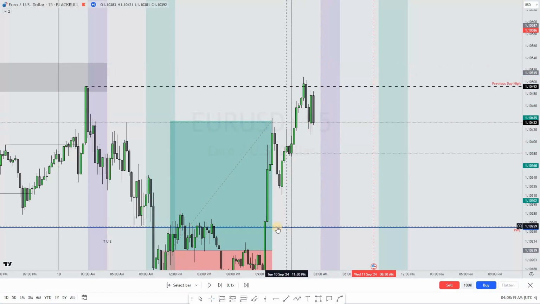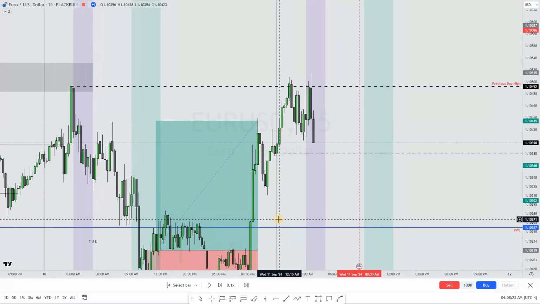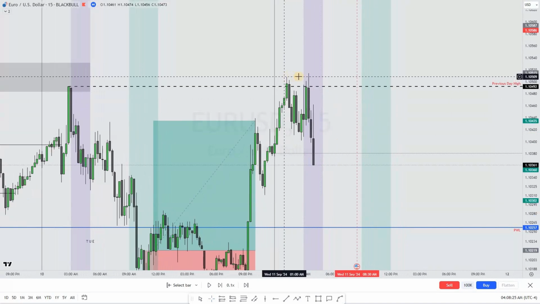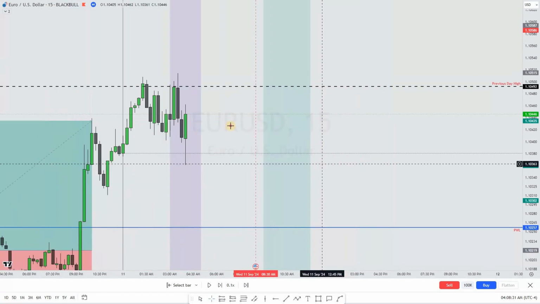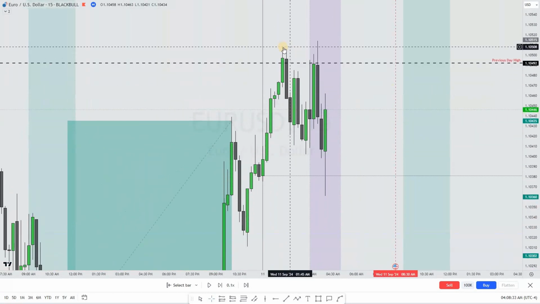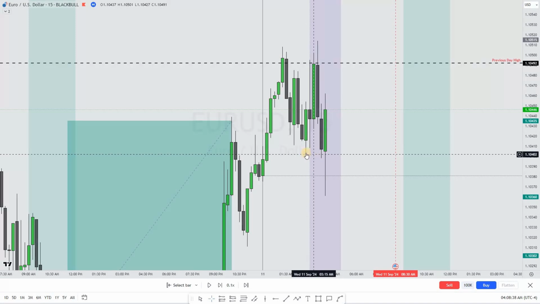So I sat and I waited, and we got this move here, where you can see that price did sweep these highs, and then it came and took out these lows to form a market structure shift.